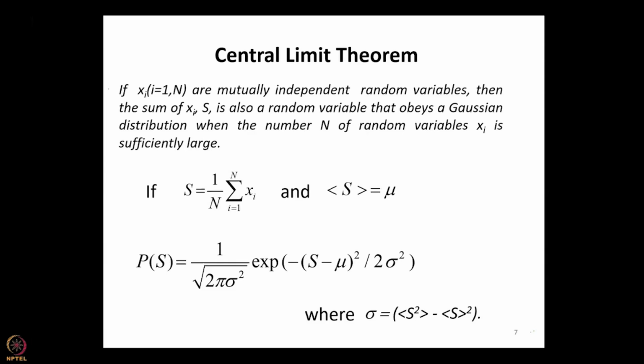That if I have n random variables, I add them up, then that goes over to a Gaussian distribution with a mean u. The mean is very easy to understand in this case because it is rotating, and so you can easily convince yourself the mean would be 0.